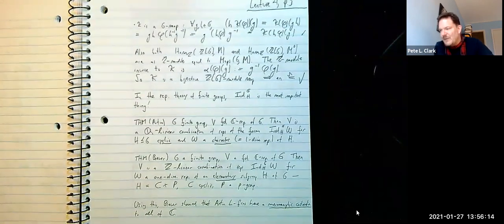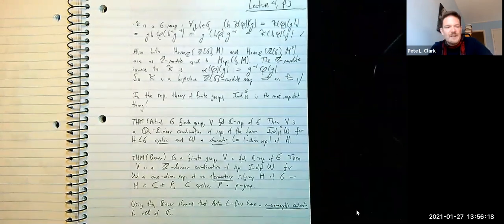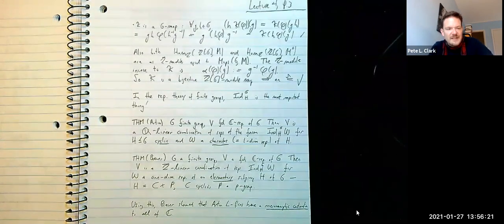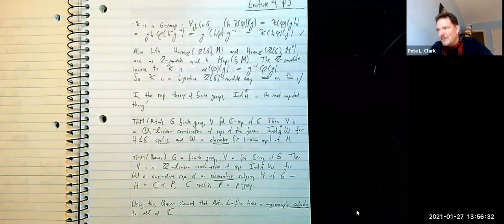So I defined these two things. You can do induction and you can do co-induction. I'm telling you induction is sort of like a homological thing, and co-induction is sort of like a cohomological thing. We'll see much more of that in a second. And then I told you that induction was the most important thing in the representation theory of finite groups.